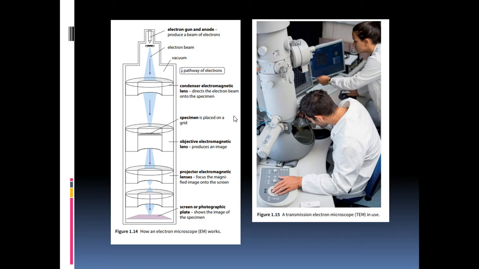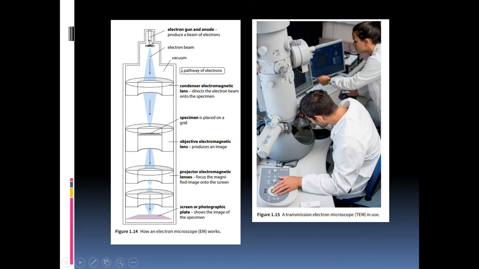In this diagram, you can see that unlike the light microscope, where the source of light comes from the base, the source of electrons is on top, and it is produced by a structure known as the electron gun. Once the gun is given enough energy or heat, the electrons inside the electron gun are excited to a higher energy level and thus able to escape their orbit and therefore escape the metal gun as well.